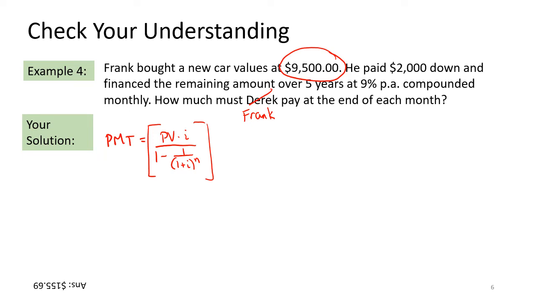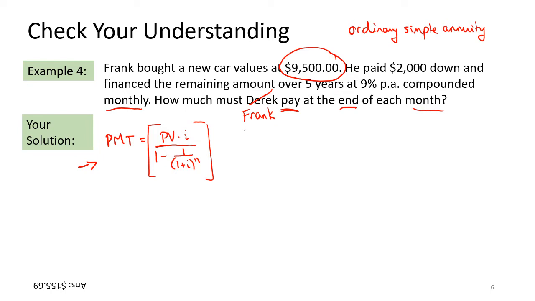And what it's asking for at the end is what he has to pay at the end of each month. The other thing you'll notice is it's compounded monthly, and he's paying monthly, which makes this, again, an ordinary simple annuity. That's why we could use this formula here to find the payment value.